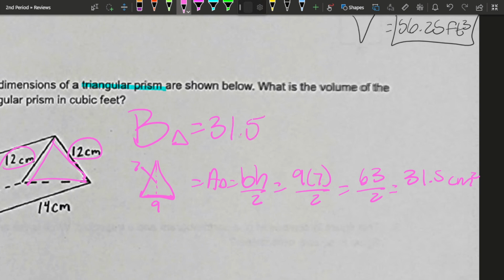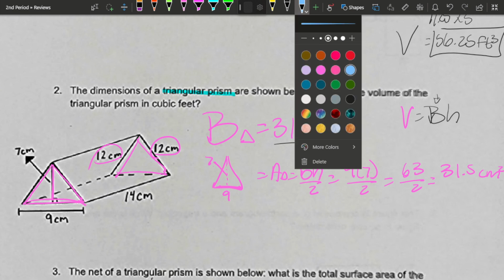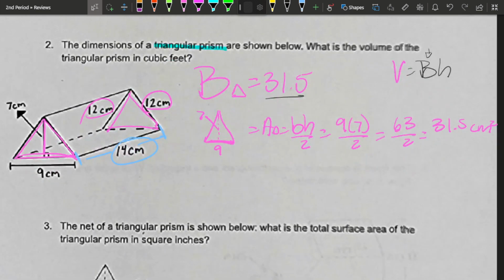So now big B is 31.5. So now all we gotta do is find the height of the prism. Remember the formula: big B times the height. We already know this. That is 31.5. And the height is gonna be the distance between the two bases. How far are these two things apart? 14. So now all we gotta do is multiply 31.5 times 14.